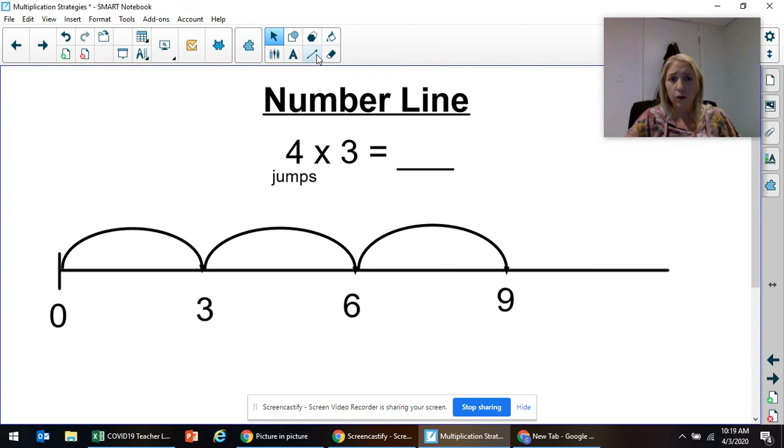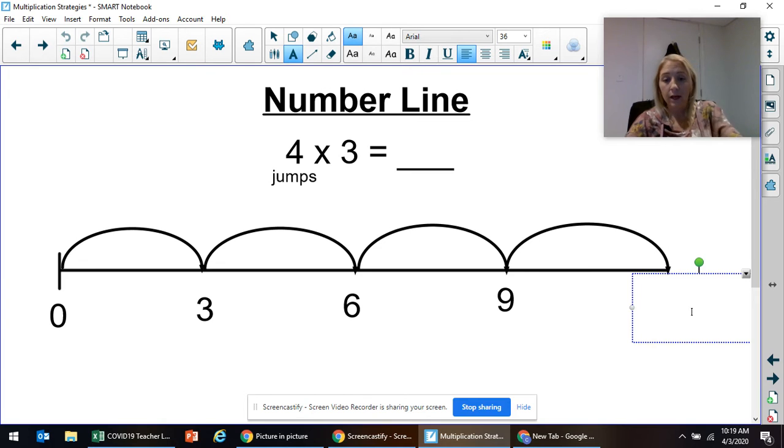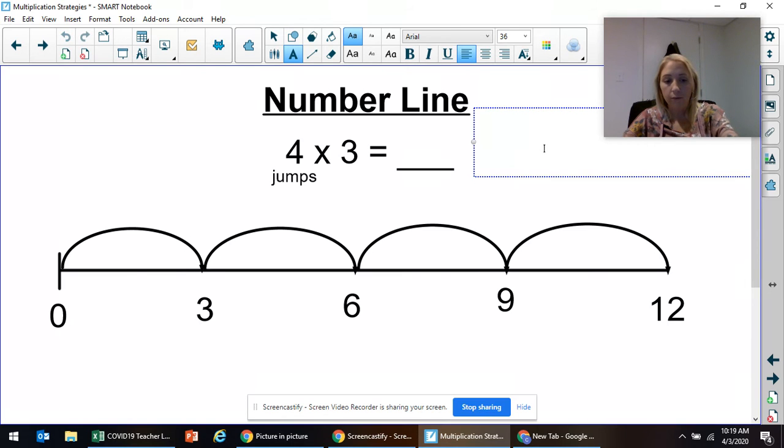So now we need to do one more jump because we only did 3. We need 4 jumps of 3. We're going to add 3 more to 9 and end up on number 12. So yet again, we got the answer 12.